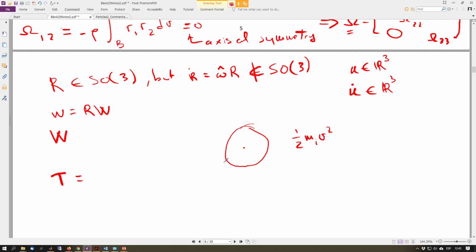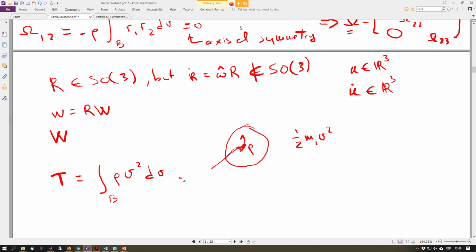We would do exactly the same thing here. We have a position, but we need to integrate. We have this density field, so we need a density and a velocity: the density times the velocity squared of each point, integrated on the whole body.